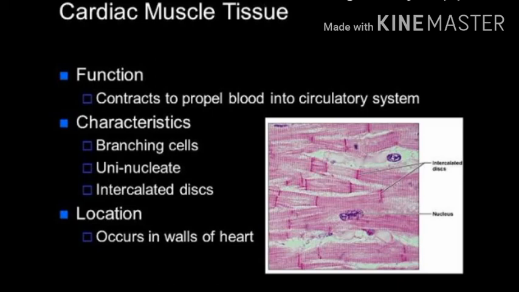Because of the branching nature of the cardiac muscle fibers, they help in contracting and relaxing the heart as a single unit rhythmically and uniformly. These are also involuntary muscles, meaning they cannot be controlled by our will. That is about the three different types of muscles: skeletal muscles, smooth muscles, and cardiac muscles.